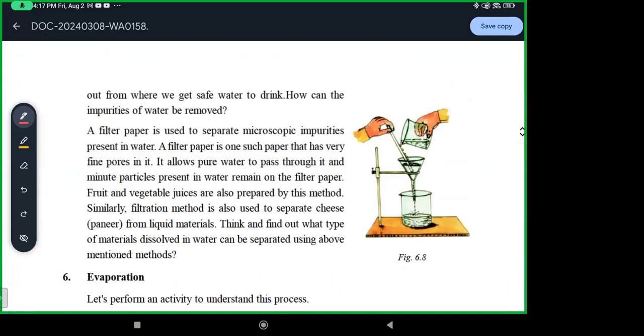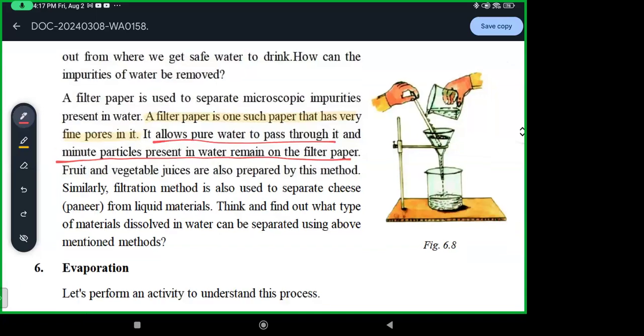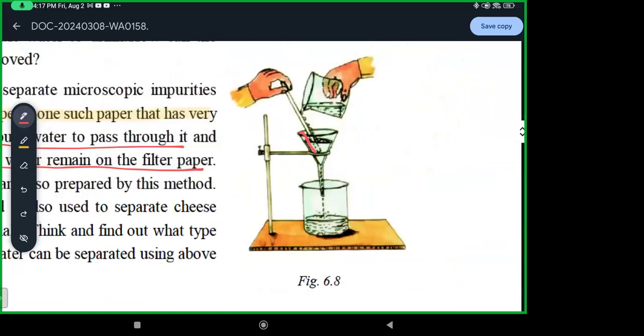A filter paper is used to separate microscopic impurities present in water. Filter paper is one such paper that has very fine pores in it. It allows pure water to pass through it, and minute particles present in the water remain on the filter paper. Suppose this is a filtration tube. In here, filter paper is placed, in a cone shape.